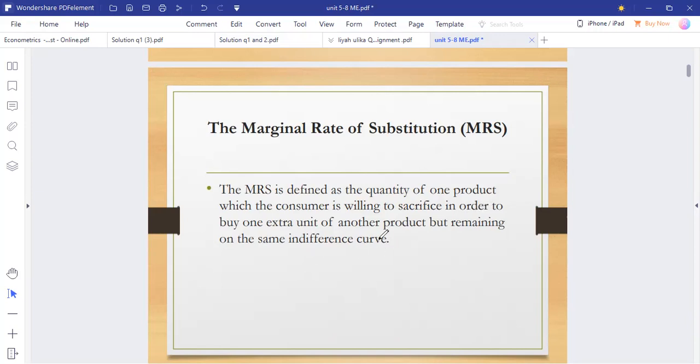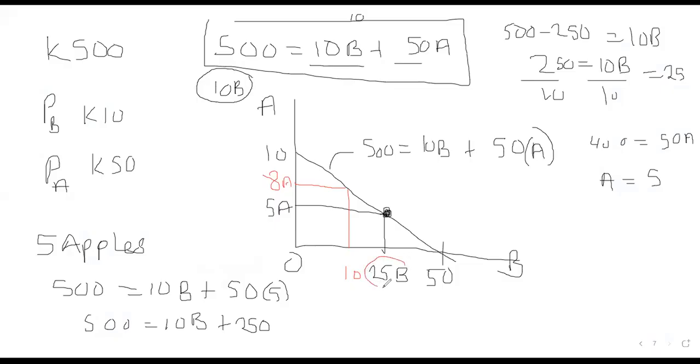So you saw how I was able to navigate, say, at 25 bananas, we can consume 5 apples. Suppose we're willing to sacrifice some, how many bananas? 15 bananas downward.